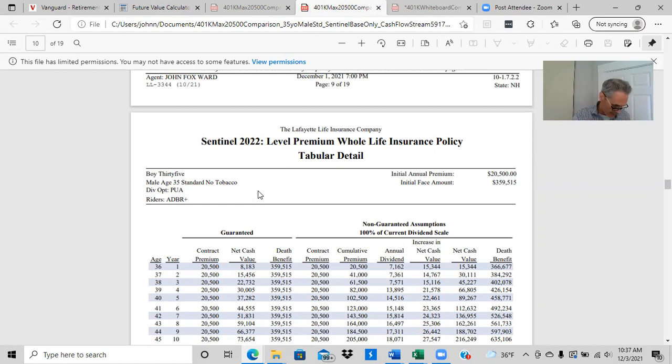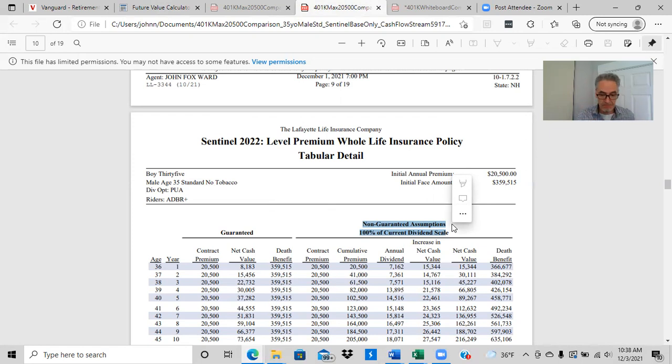That being said, in these projections, we have a guaranteed side and a non-guaranteed side. I'm going to use the non-guaranteed assumptions, and that's based off of the dividend scale rate that is in use today with this particular insurance carrier.